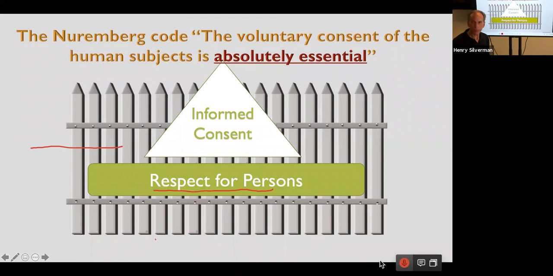As I mentioned in previous lectures, we respect people by asking for their informed consent, and when we can't get informed consent, we ask surrogates, and we have other safeguards.